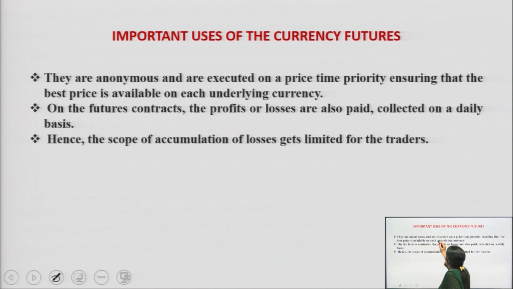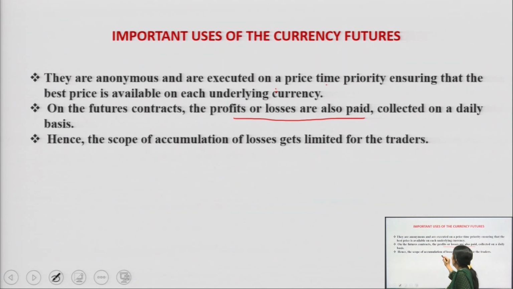Then the next one is that they are executed on price-time priority, ensuring that the best price is available on each underlying currency. In the future contract, we have already discussed this. The profits or losses are also paid or collected on a daily basis.